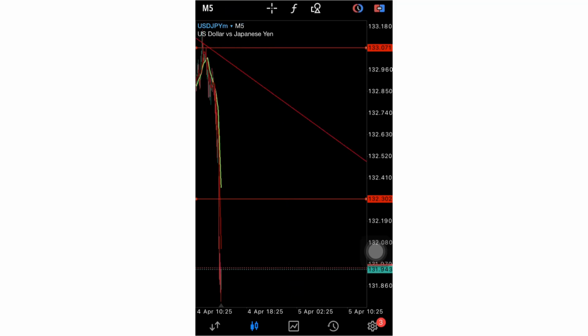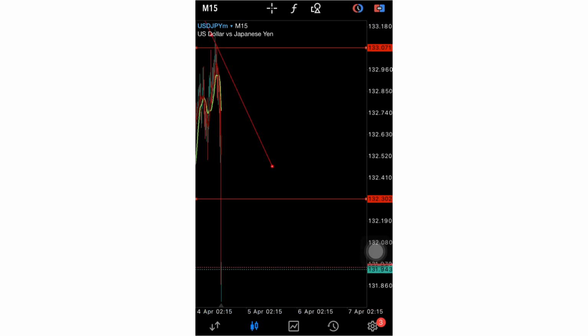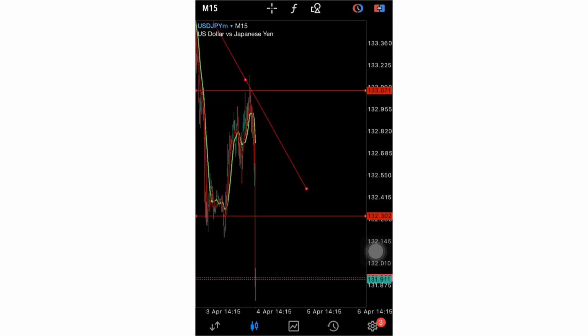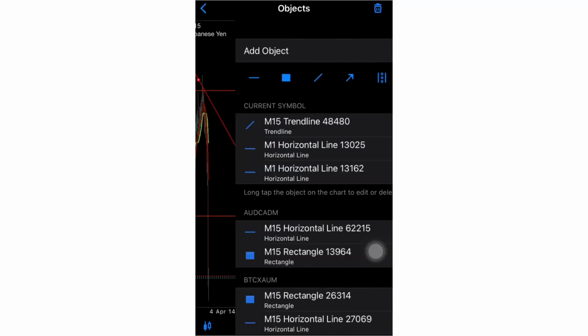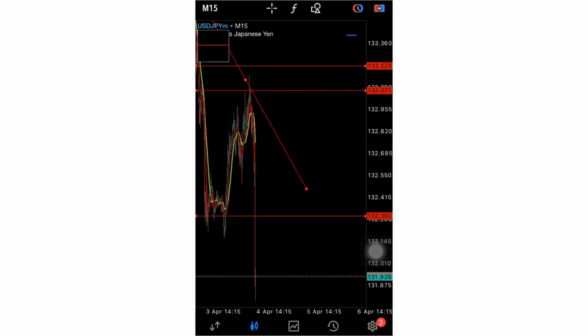Let me use a 15-minute time frame. Okay, let's say I want to put my stop loss, hold on guys, around this side, for instance.